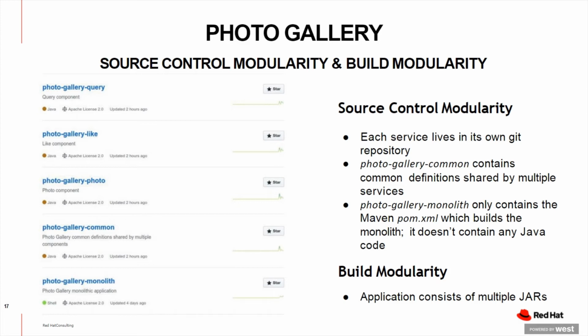Besides that, we also have a photo gallery common repository, which stores the common definitions which are used by the services. And we also have a photo gallery monolith repository, which doesn't really contain any source code. However, it contains the POM file for Maven to be able to build the monolithic application by assembling together the 3 modules.